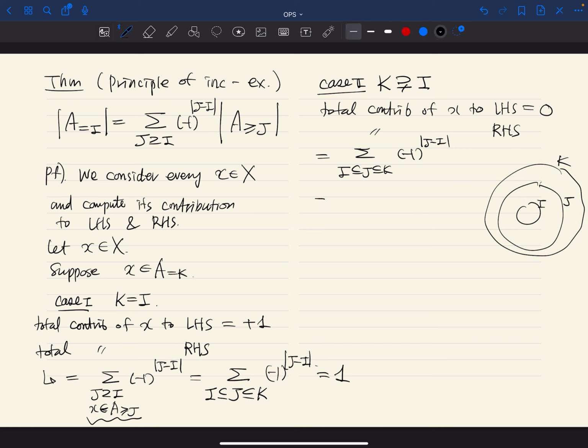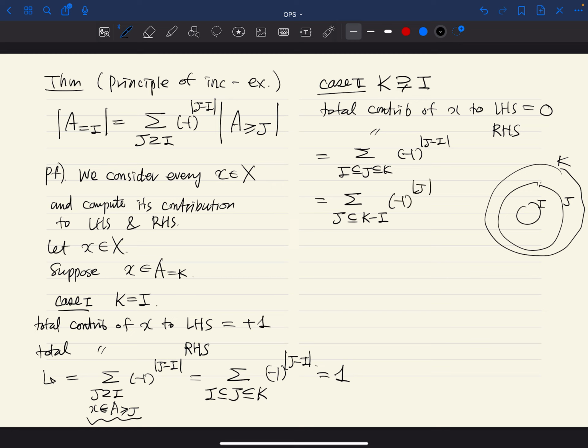In other words, we look at only J, let's say J in K minus I. I just ignore this and imagine that this part in the ring is J, and that must be contained in this part. And then this is just J.